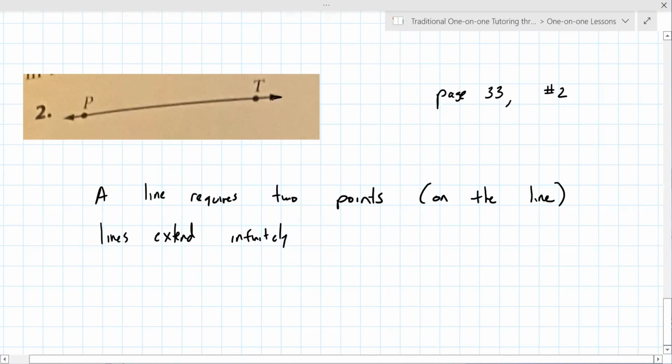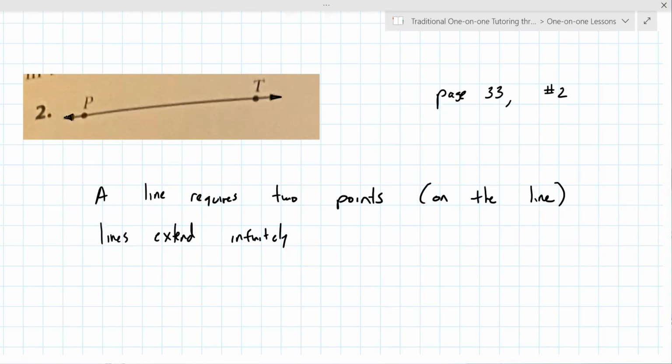This arrow on the right and this arrow on the left mean they go on forever. They do not stop. So that's what's most important about a line. A line goes on forever.